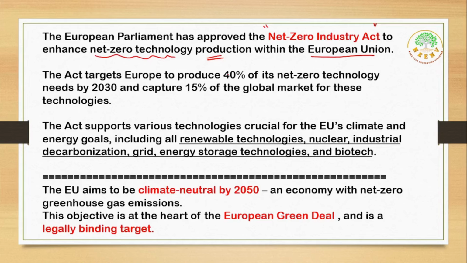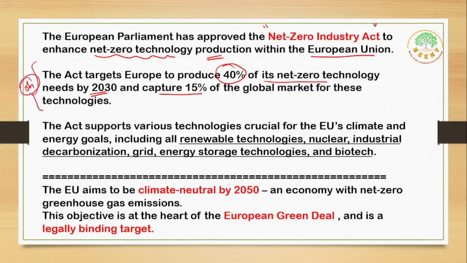They would want almost 40% of its net zero technology needs to be met through this technology by 2030 and also capture 15% of the global market for this technology. That is the objective of this act.